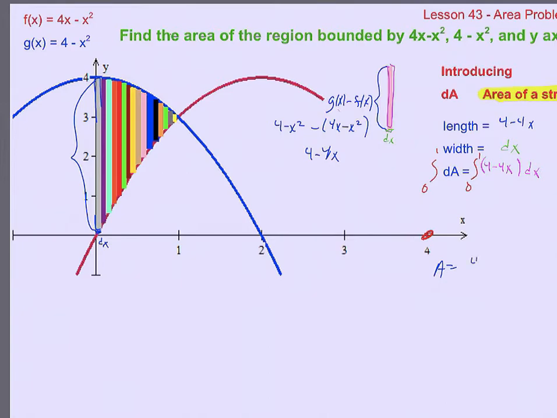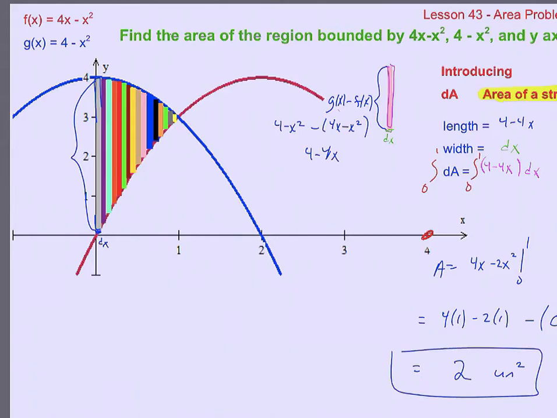Well, that would be the antiderivative of 4 minus 4x, evaluated from 0 to 1. We can evaluate that. 4 times 1 minus 2, minus, well, if I plug zeros in there, it'll just be a bunch of 0. So that's 4 minus 2 is 2. 2 square units is our area.